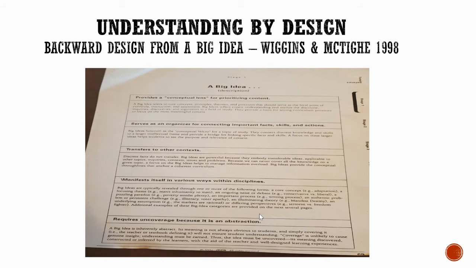Additionally, along with the work of Lynn Erickson, Wiggins and McTighe articulated that any unit of study should have deep understanding as the end goal. To achieve this, they advocated for establishing the big idea prior to the unit, as well as the accompanying essential question, which students can answer to show that they understand the big idea. Both the big idea and essential questions establish the conceptual understanding and purpose for the unit.